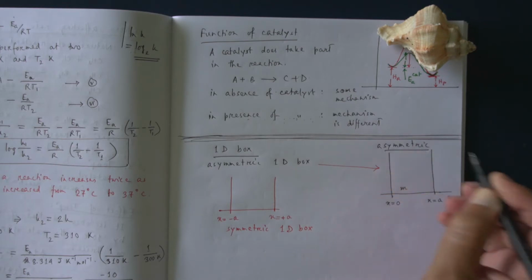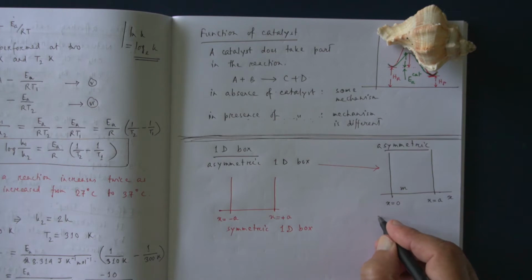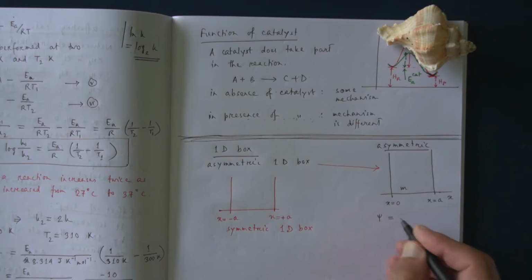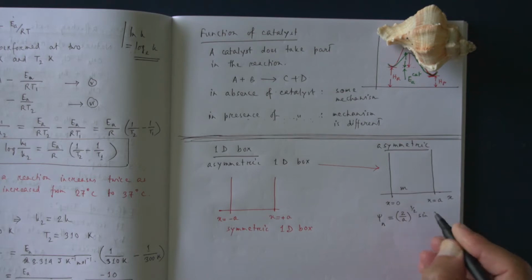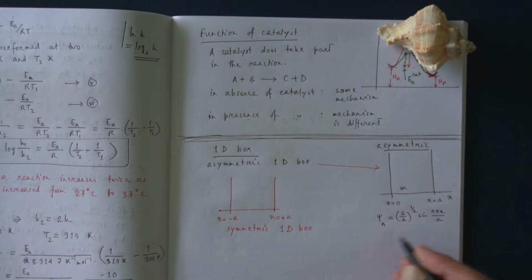Now, for the asymmetric 1D box, we have seen psi depends on one quantum number, and psi equals root of 2 by a times sine of n pi x by a, and energy equals n square h square divided by 8 m a square.